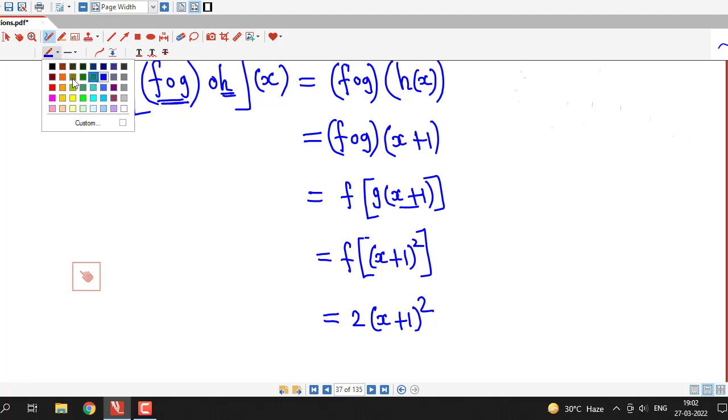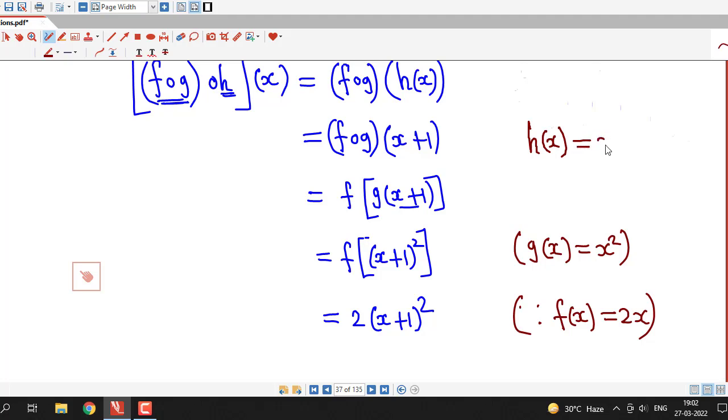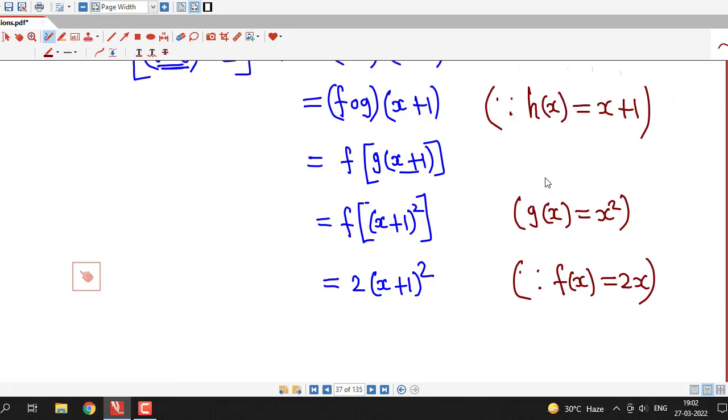If we wish, we can specify what we are using. Here we are using the definition of f(x). f(x) is equal to 2x. Here we have used the definition of g(x). g(x) is given by x square. And here we have used the definition of h(x), which is x plus 1. h(x) is given by x plus 1.